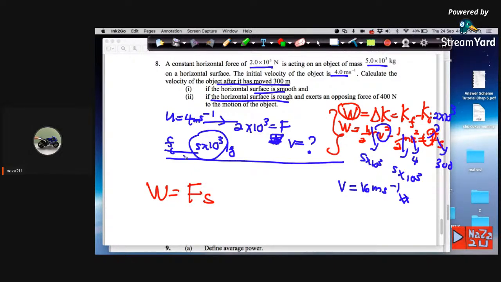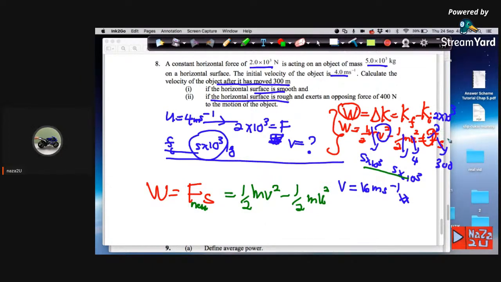Kalau tadi kita tak rujuk kepada Fnet kerana dia cuma ada satu daya. So sekarang ni kita ada frictional force. Kamu kena cari Fnet kat sini, daya bersih. Baru kita boleh mencari final velocity, ataupun kita gunakan half final kinetic energy mv square minus half mu square. So sama macam tadi, sama macam kes yang ini.